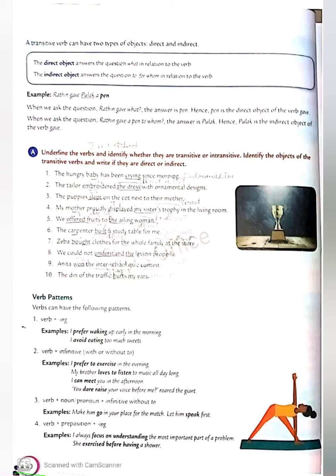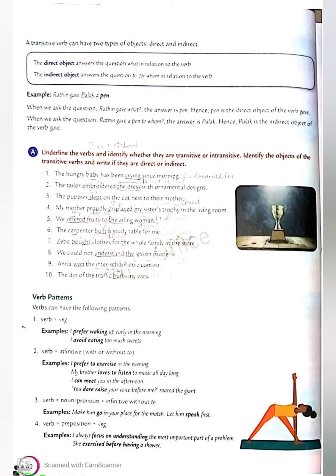Next pattern is verb plus noun or pronoun plus infinitive without to. Sometimes we speak or give a command to someone like make him stand. Here make is a verb in the sentence as well as stand is your verb. You are not using to after the main verb. This is one more pattern you might have seen in your sentences.